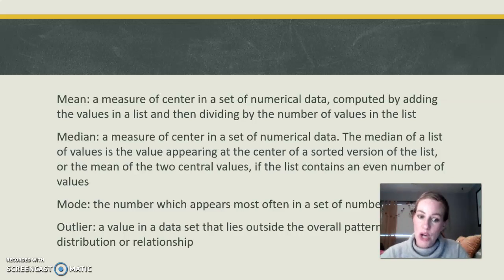All right, now the mode is the number that appears most often in your data set. And this can be tricky because if you're looking at, say, a bar graph, which I'll show you in a moment, it's going to show right where that number is, and you're going to know that there are a lot of those numbers. If it's 7 and it's all the way at the top, then you're going to know that that is definitely the most prevalent number.